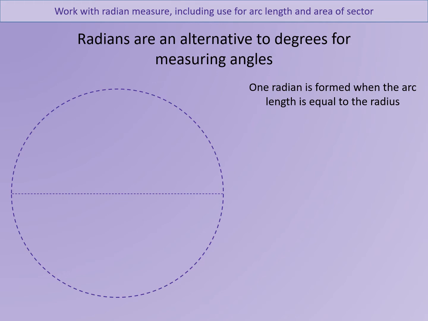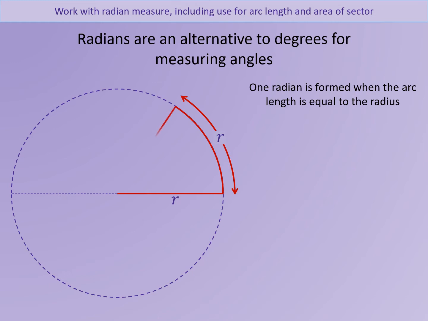So basically a radian comes from the idea that if you take a circle and take its radius, imagine that its radius was a piece of string. You picked up that piece of string and you wrapped it around the circumference to form an arc. So that piece of string is going to go around there. So the length of that arc is r.